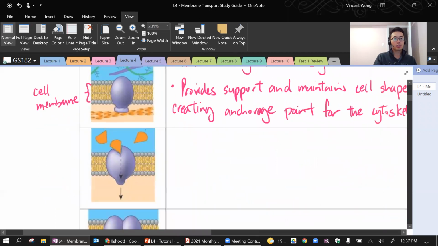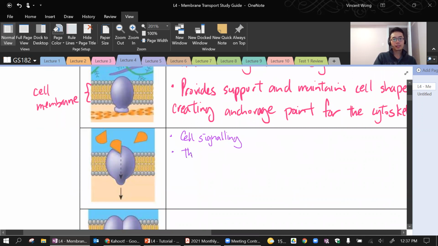Next function is the membrane protein can act as a receptor to pass down signal. So this is for cell signaling.